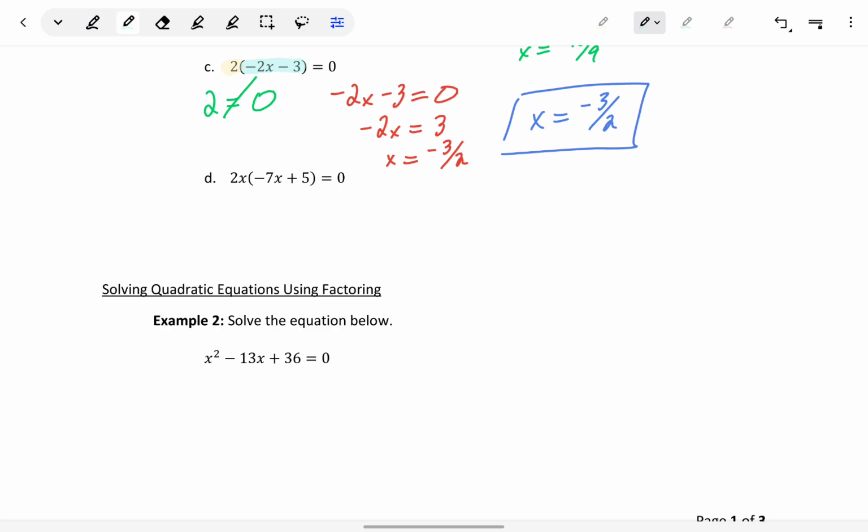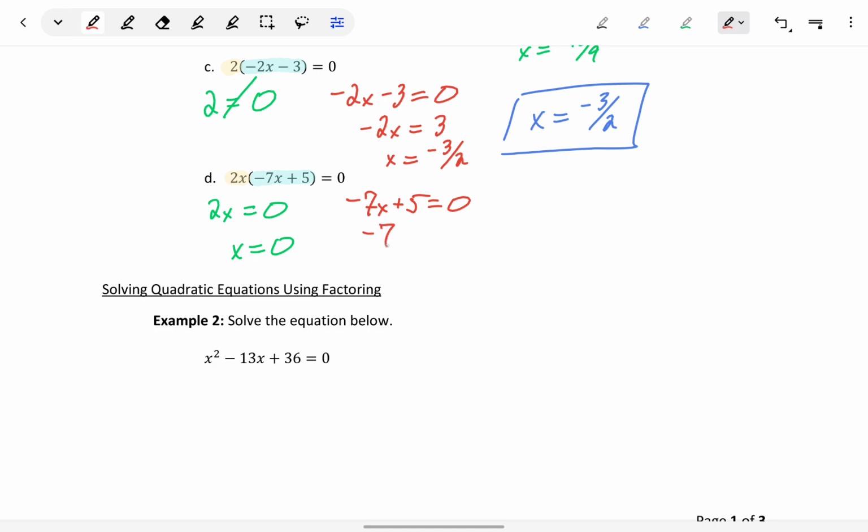In the last example that we have here, we again have two factors. One is 2x, and one is negative 7x plus 5. So we'll take 2x, set equal to 0, and negative 7x plus 5, set equal to 0, and solve both of those equations. In this case, 2x equals 0 yields x equals 0 as a solution after we divide both sides by 2.